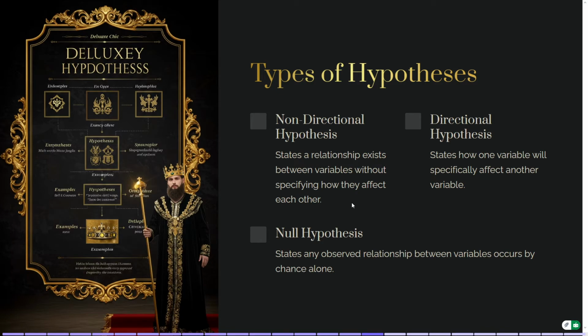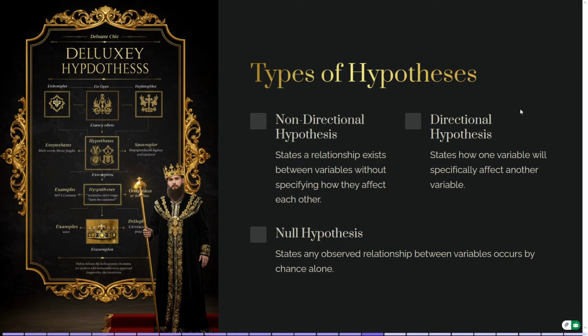Did I tell you if it will increase the memory? No. Did I tell you if it will reduce the memory? No. I only said that coffee will affect memory. I never said how it will affect it. So that is non-directional hypothesis.